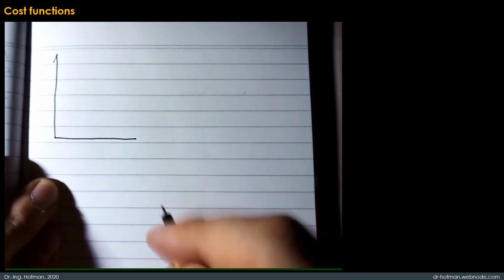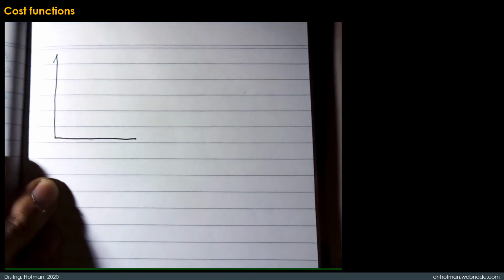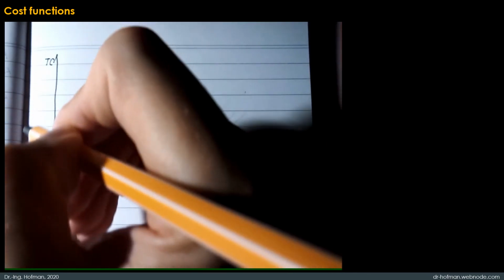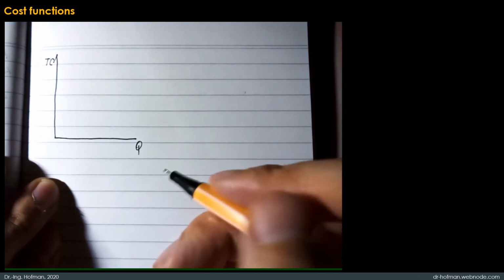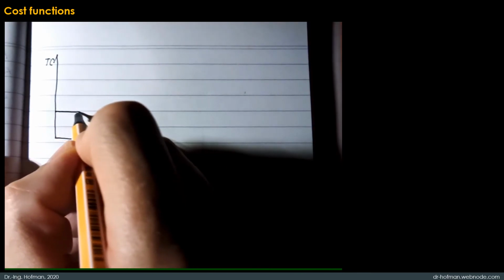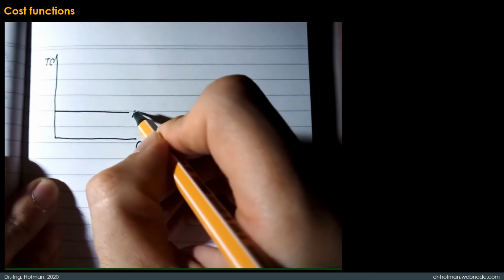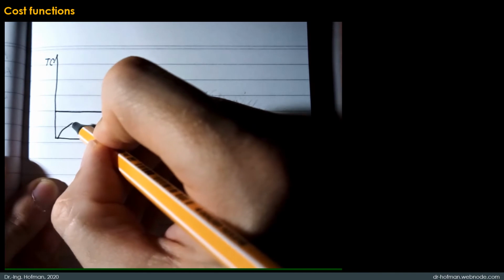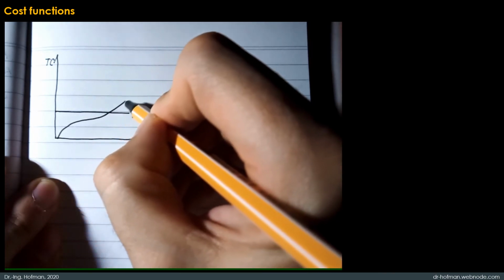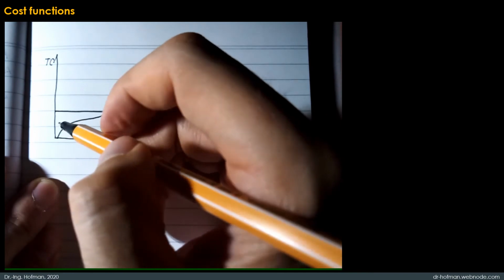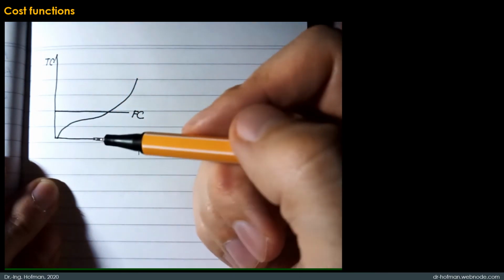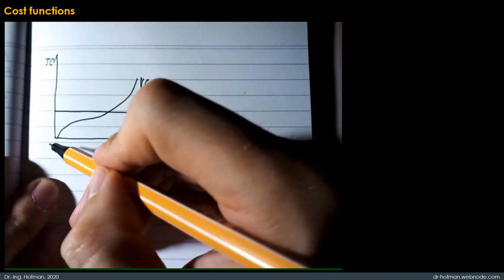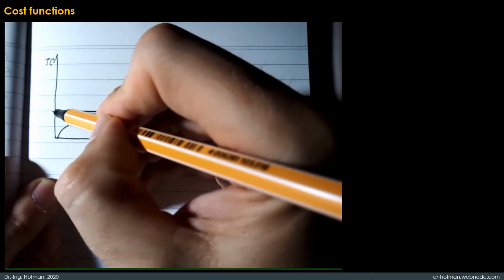Let's draw the cost functions now, where on the X axis we have Q and on the y-axis TC, total cost. For the short run cost functions, there are fixed costs existing. In the case of a progressive, degressive production function in the short run, we have the cost functions also degressive, progressive.